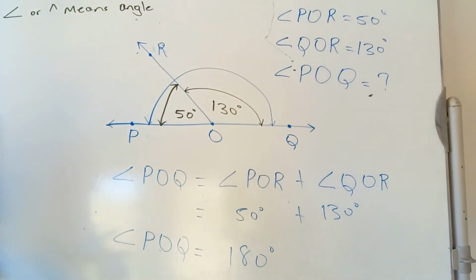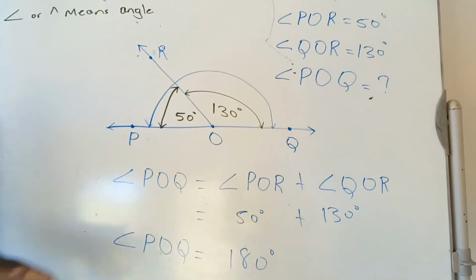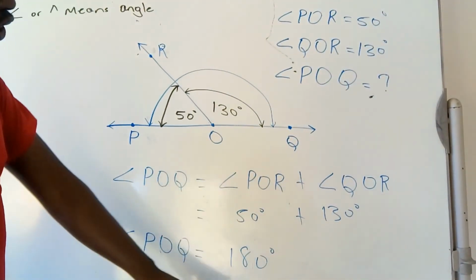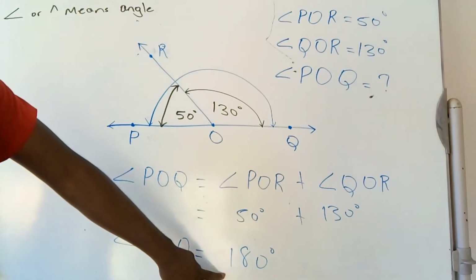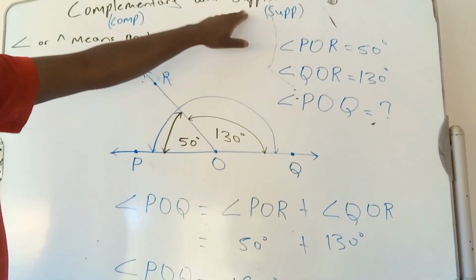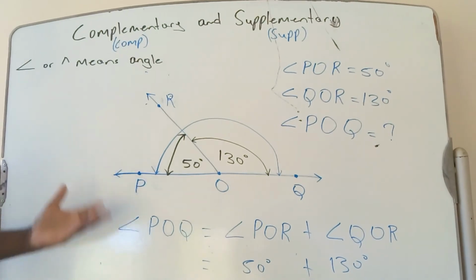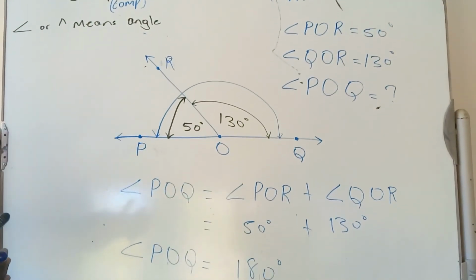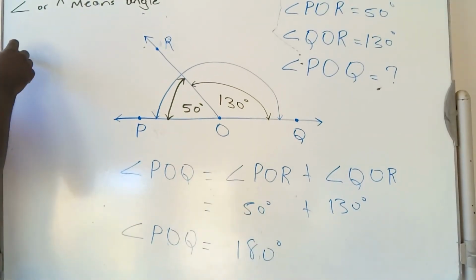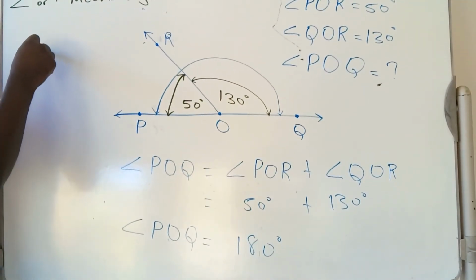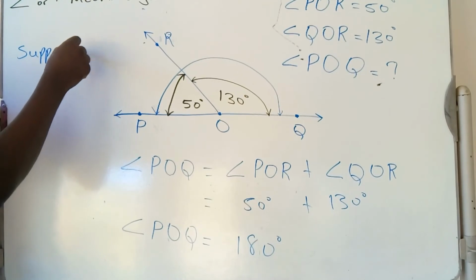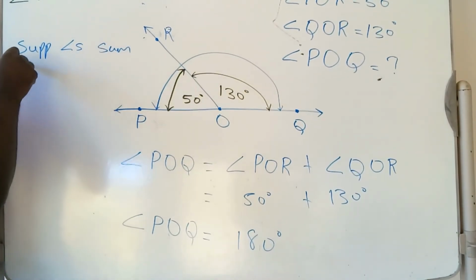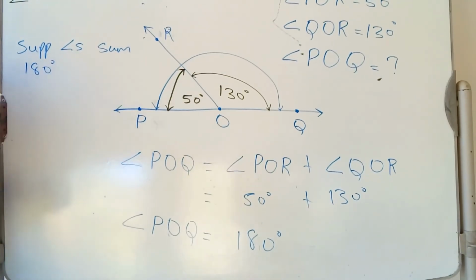Now, this is the interesting thing. Whenever you add two angles, and the result is 180 degrees, they are called supplementary angles. So in other words, I could just write out that supplementary angles sum to 180 degrees.